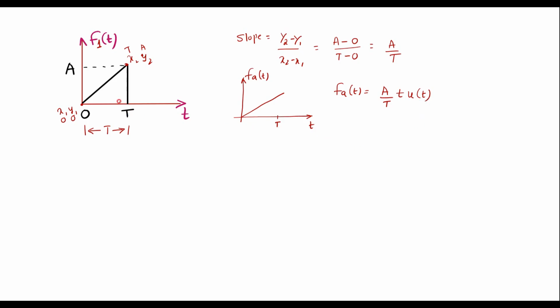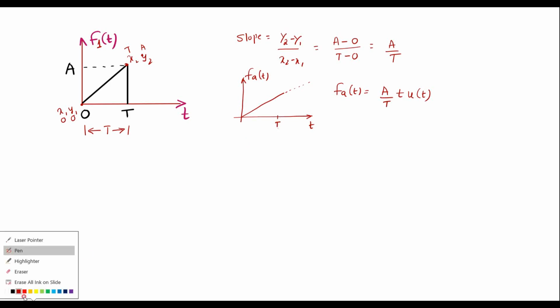When we observe this signal, the slope stops at t equal to T, but this fa of t signal is continued till infinity. So we need to stop this fa of t at t equal to T. To stop it, we need to add one negative ramp signal at t equal to T.